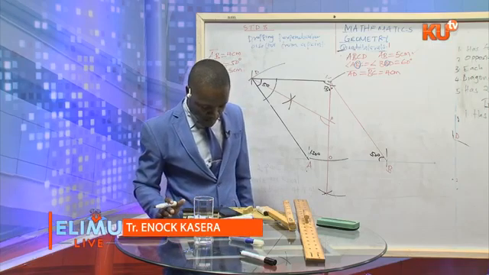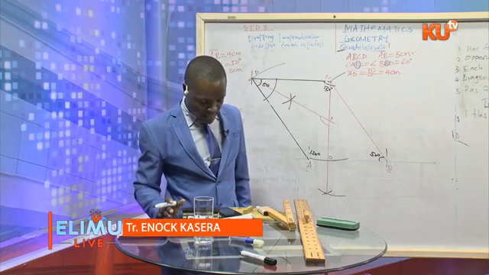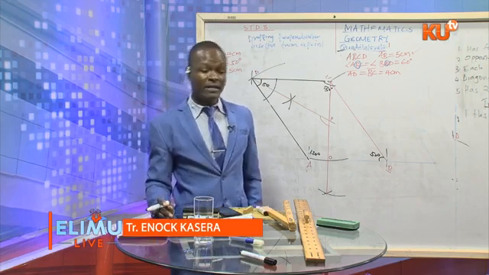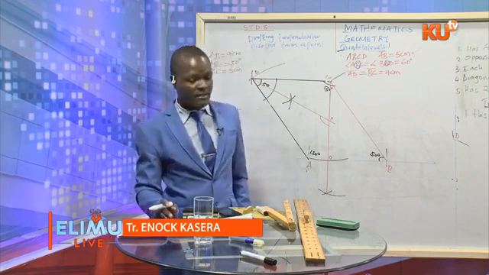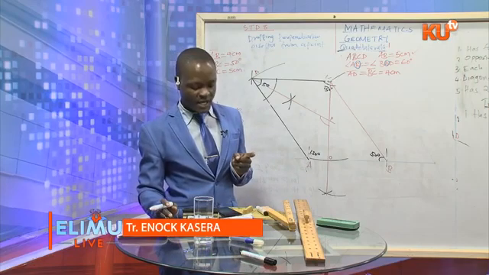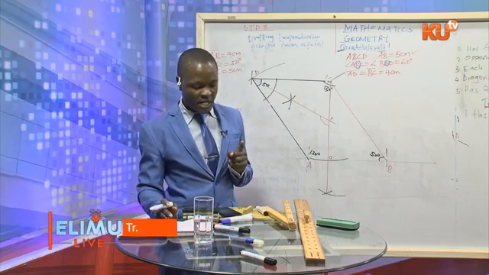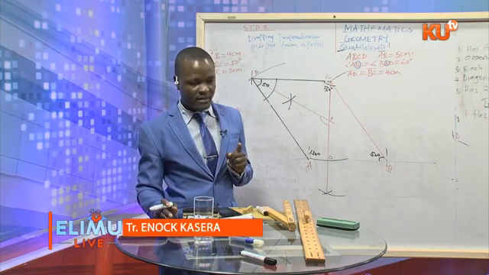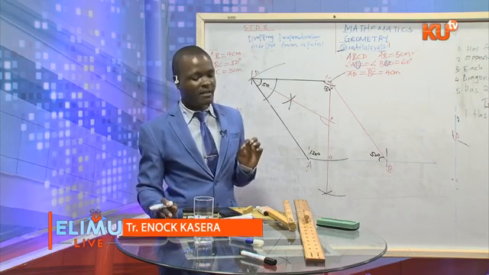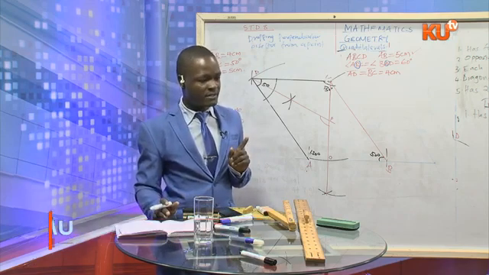Somebody's asking. Now, remember I said that a rhombus, rectangle, and a square are special parallelograms. But the vice versa, or the other way around, is not true. You cannot say a parallelogram is a rhombus.